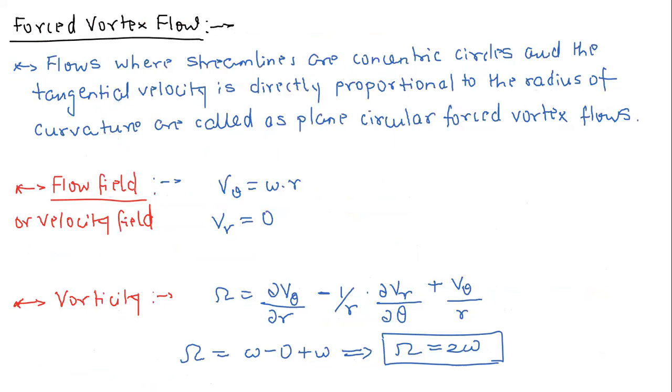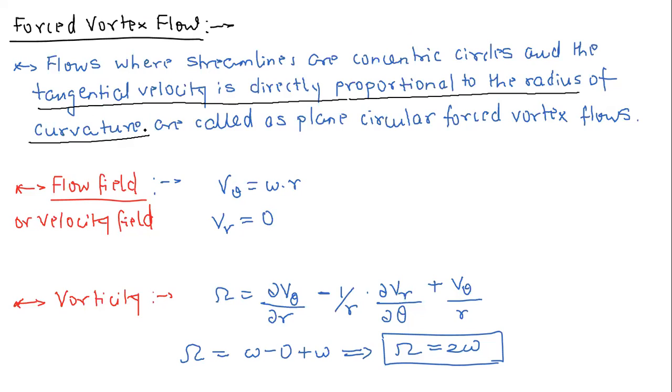Now, for flows where the streamlines are concentric circles, this is very important: how a free vortex flow is different from a forced vortex flow is that here the tangential velocity is directly proportional to the radius of curvature.